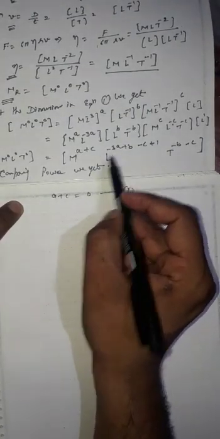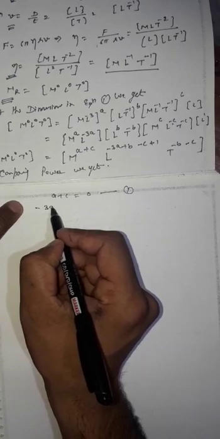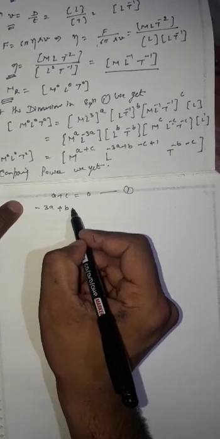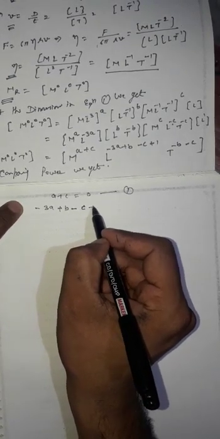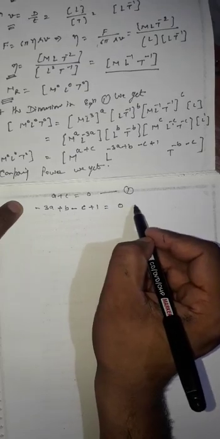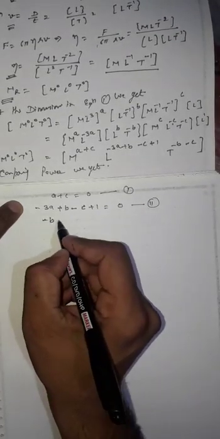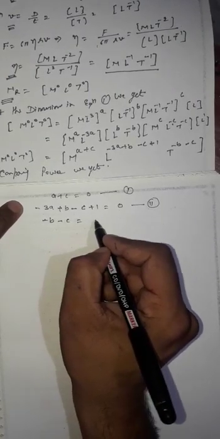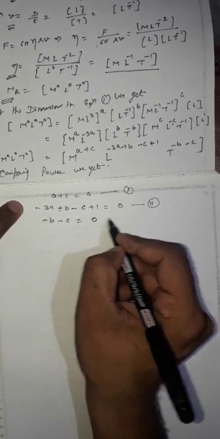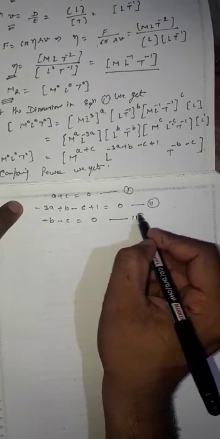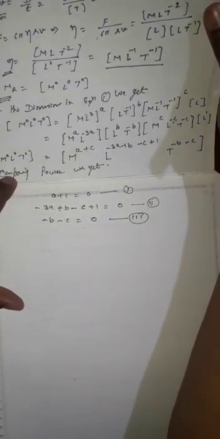Minus 3a plus b minus c plus 1 equal to 0, equation second. And minus b minus c is equal to 0, equation third. Here are 3 equations and 3 variables, so we can easily solve it.